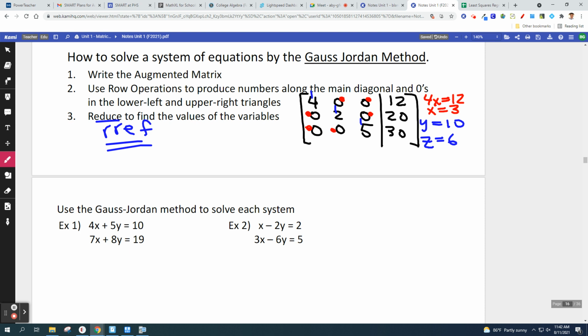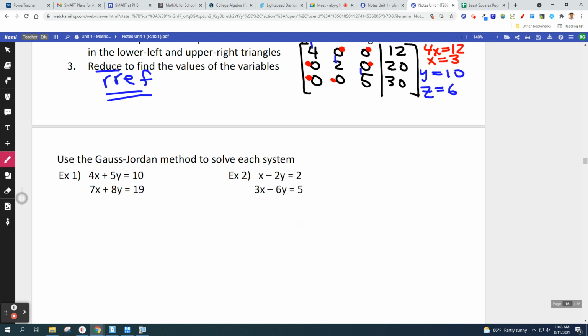Now, the way I do it, I like to make the zeros first, but the way a lot of people will do it is they'll make those ones first. And my way I like better because it avoids fractions for as long as possible. If you produced the ones first, you're going to have a lot of fractions to deal with, and it becomes a mess. So I like my method. We're going to make those zeros, and then we're going to make those ones.